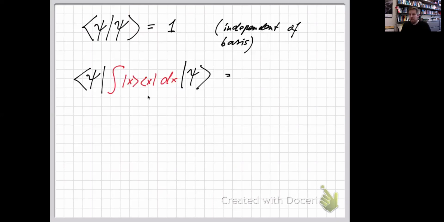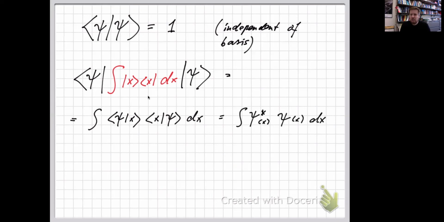As we said before, this is more recap now. As a second step, I bring the bra and the ket inside of the integral, and I get these nice inner products inside the integral. We recognize these inner products as simply psi star and psi, and so I get an integral of psi star of x times psi of x over all of space, and we know that has to be 1, from way before.